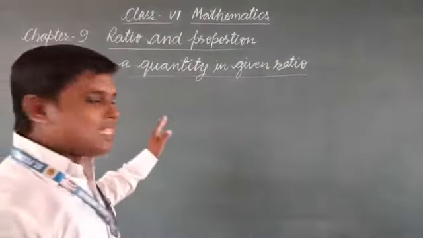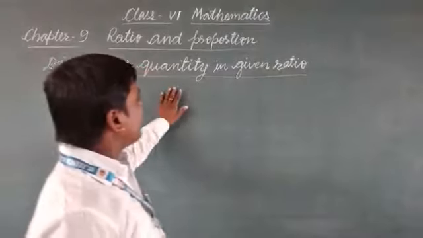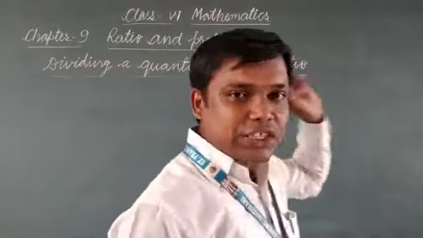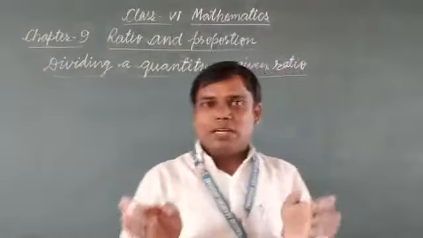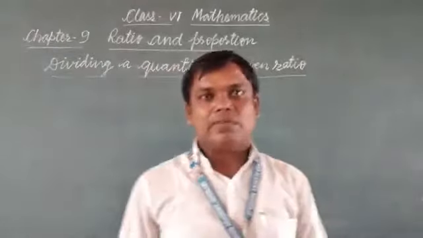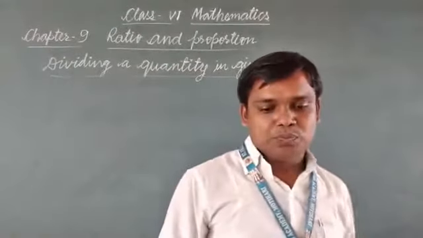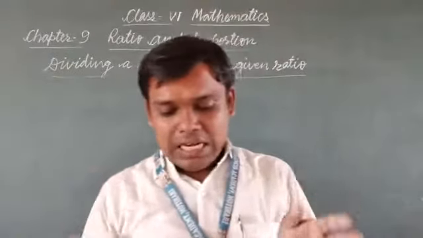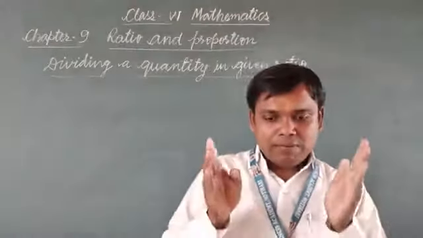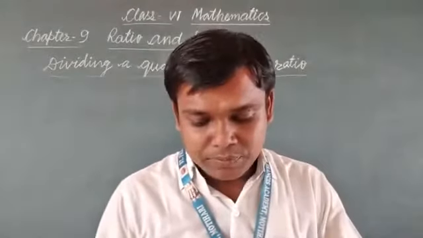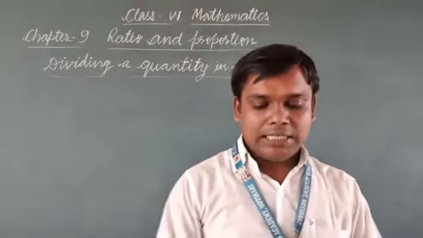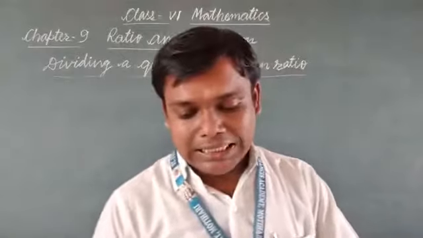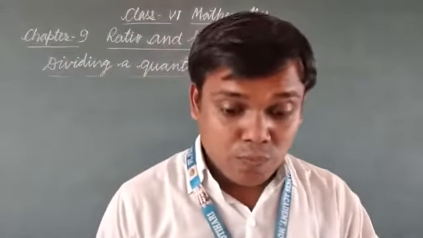Now we will study dividing a quantity in a given ratio. Means we have a given quantity and we have to divide it in the given ratio. Take an example. A father leaves behind 25,000 rupees to be shared by his son and daughter in the ratio 6:4.